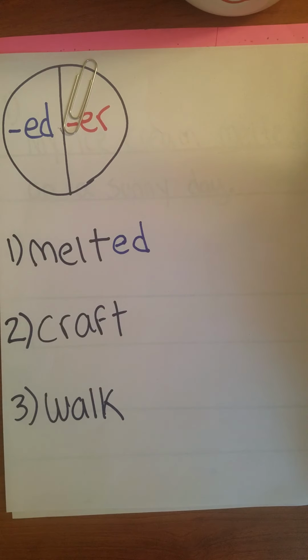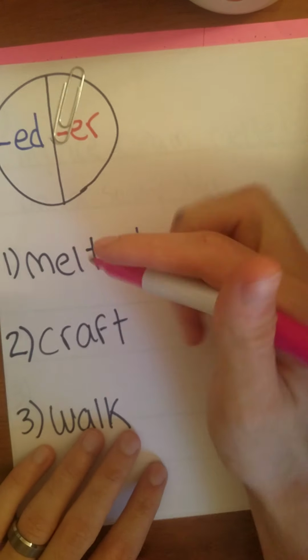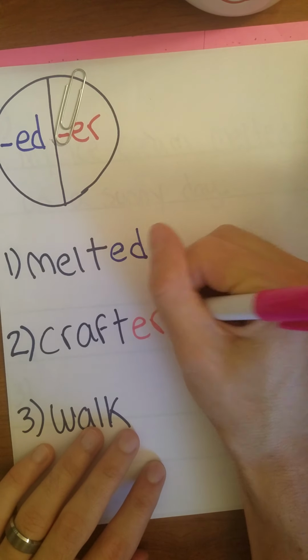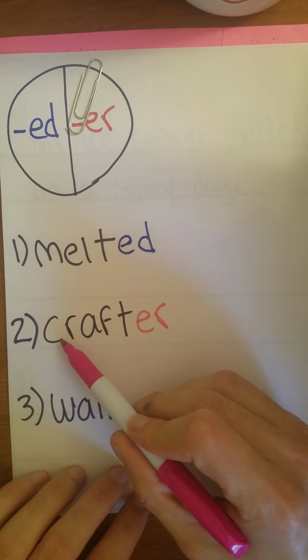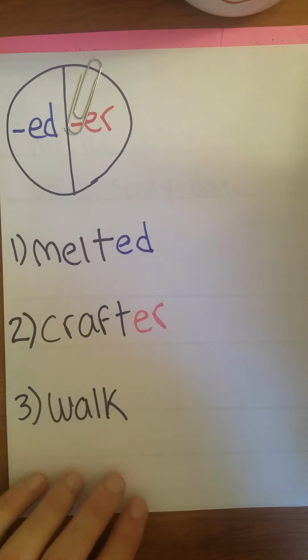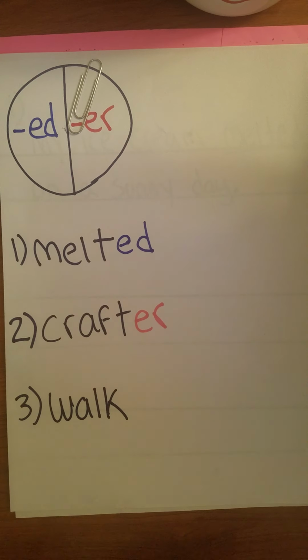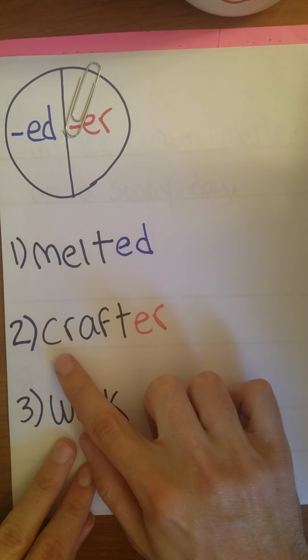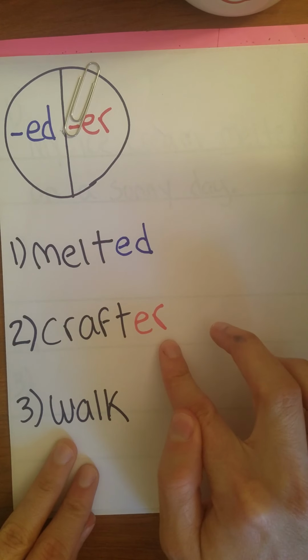Now, we'll add ER to craft. Now we have craft, er, crafter. So now we've changed it from an action word to a naming word.